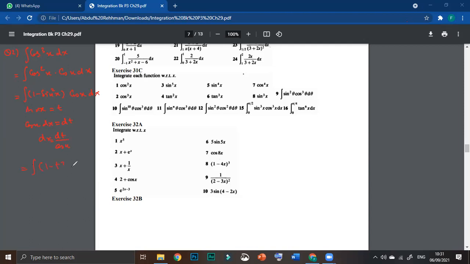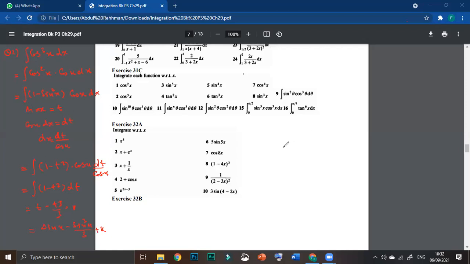Then we have 1 minus t square, cos x, dt over cos x, so 1 minus t square dt. The integral is t minus t cube over 3 plus k, and sin x minus sin cube x over 3 plus k is the answer.